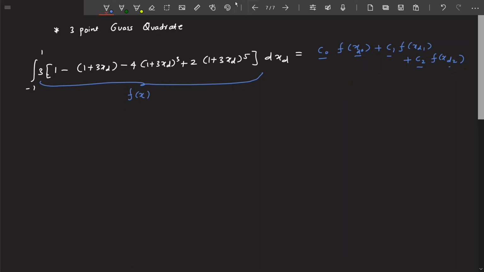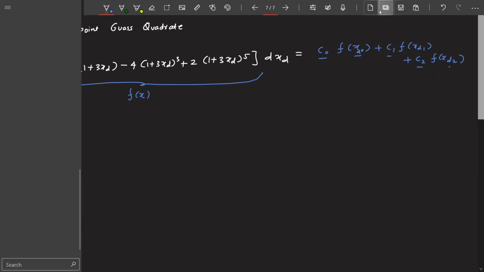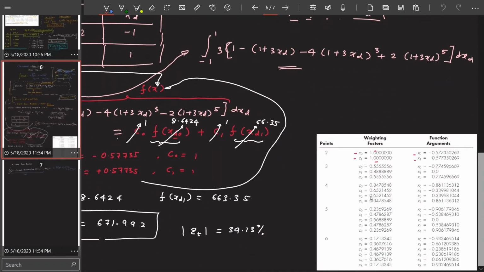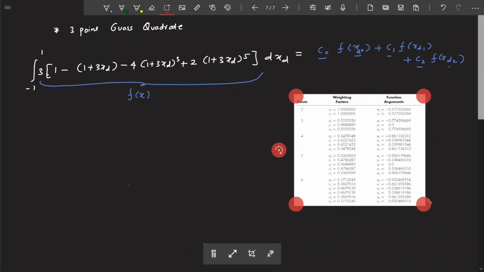You don't have to worry. Whenever you are given this problem, you'll always be given the table. You just have to take these values from the table. It's always going to be the same, immaterial of whichever problem you're solving.